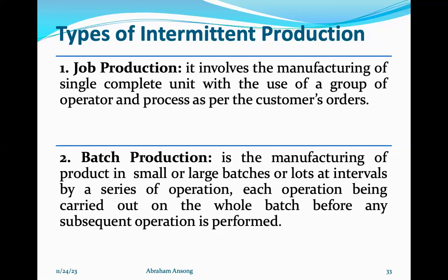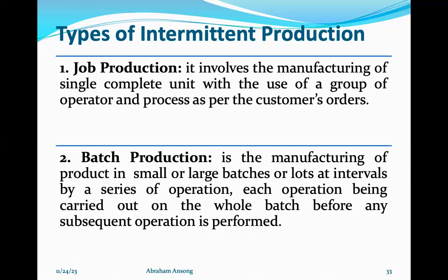Then we can have, under intermittent, batch production. So it's the manufacturing of product in small or large batches or lots at intervals by a series of operations, each operation being carried out on the whole batch before any subsequent operation is performed. All right. So the same, as I explained much earlier, with the same furniture company, okay, they may choose, if it is a company that decides the quantities that they want to manufacture before actually selling to the general public.